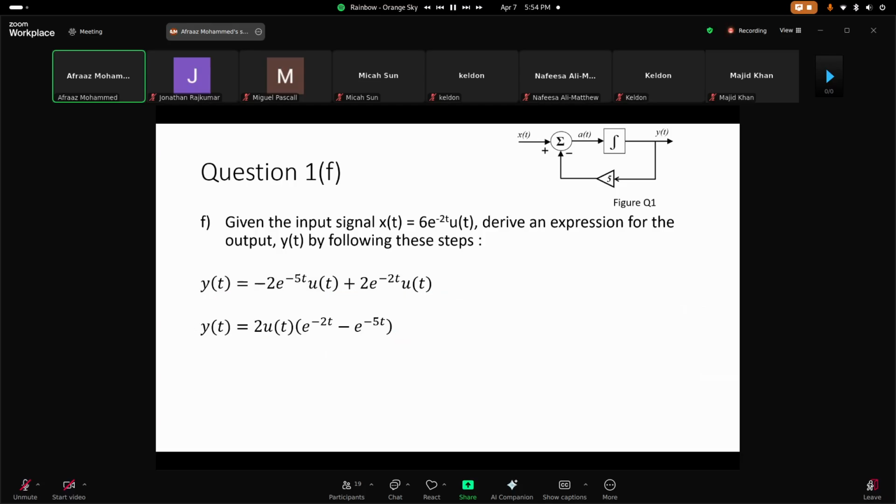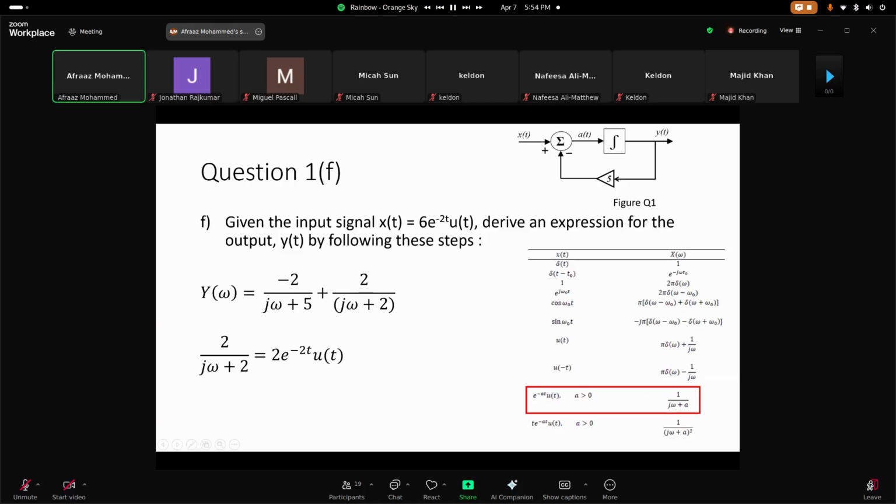One thing I want to point out is that you need to be very careful about how you express the different forms. The time domain is always lowercase, so lowercase y with t in brackets. In the Fourier domain it is going to be capital, so capital Y and then omega.